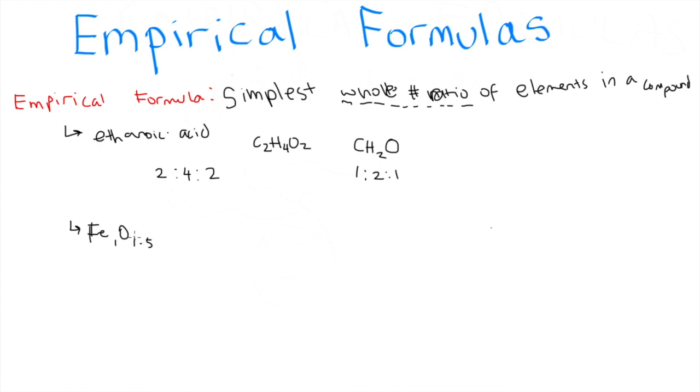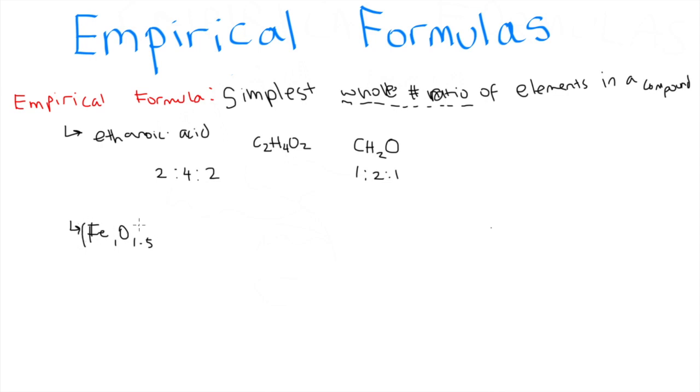So what you do in this case is that you look at all the subscripts that are not whole numbers, and you multiply the entire equation by a number that makes these non-whole numbers into whole numbers. You want this to be the lowest number possible because, again, this is the simplest whole number ratio. In this case, 1.5 could be turned into a whole number by multiplying it by 2.